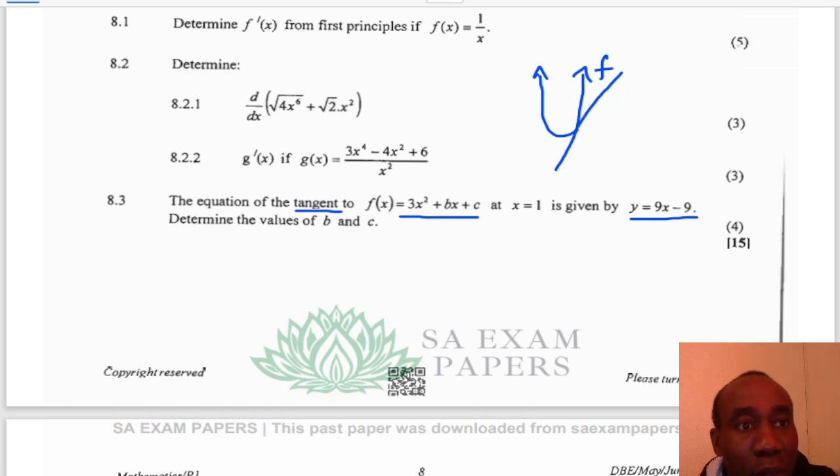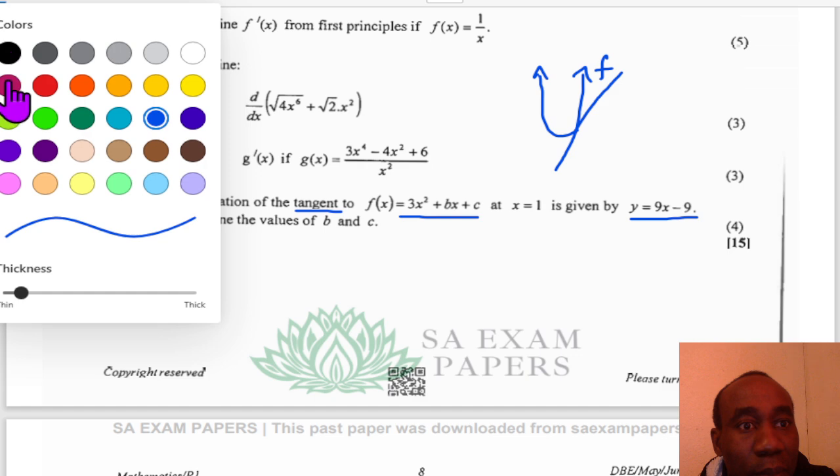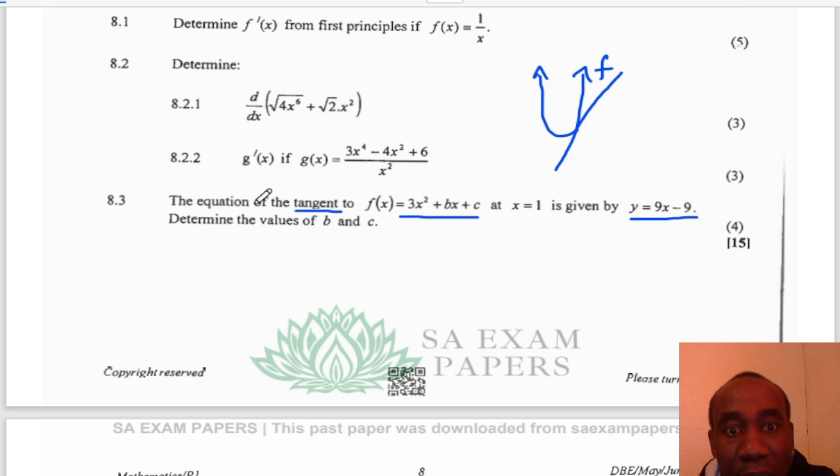And they gave us a clue in the question. They said the equation of this tangent is at x equals 1. So x equals 1, let's say it's here.